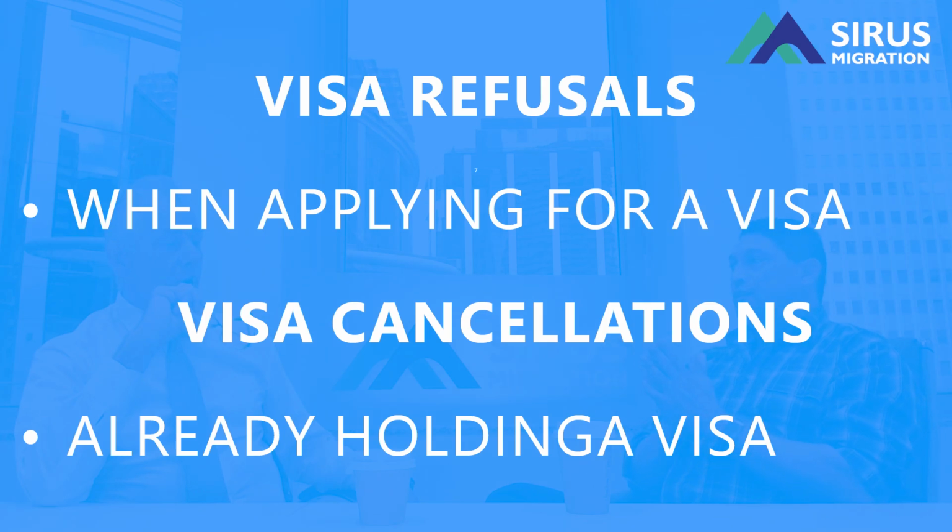That's correct. So you hold the visa, and let's just use the student example again. If a student, for example, breaches his visa condition, condition 8202, for example, does not maintain enrolment in his course, or perhaps works more hours than he's supposed to, 20 hours a week, that will be a breach of this condition.